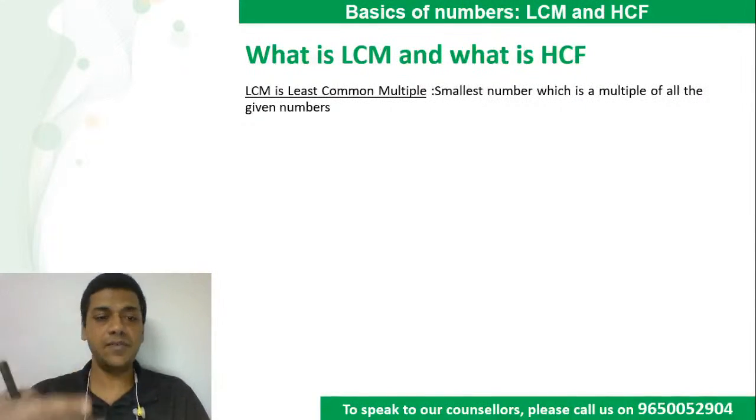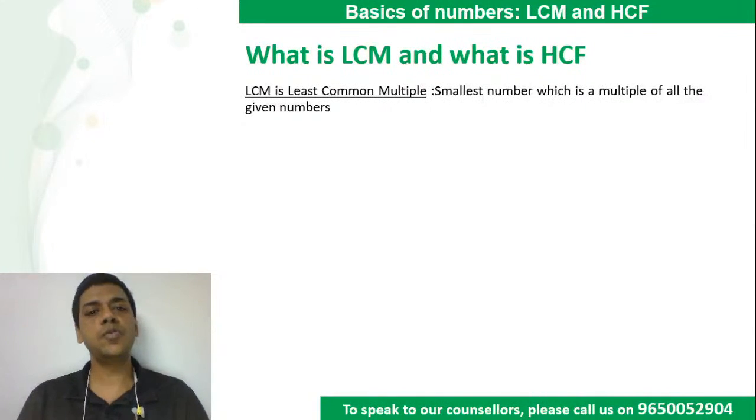Multiples of A would be 2 times A, 3 times A, 4 times A, and so on. Similarly, multiples of B would be 2 times B, 3 times B, 4 times B, and so on. The smallest number, which is a multiple of all the given numbers, is called LCM.